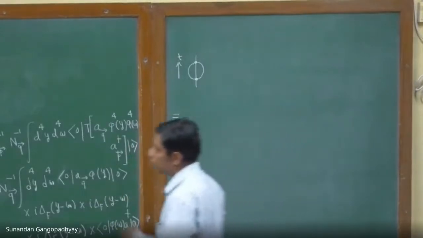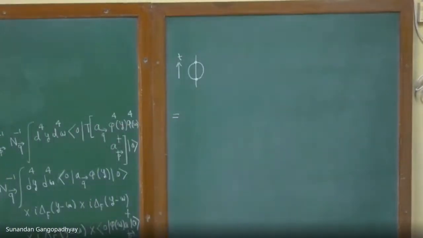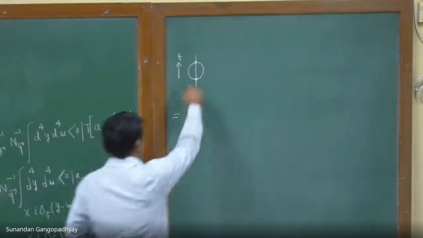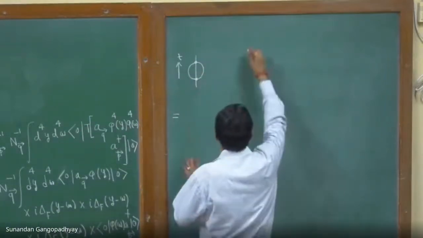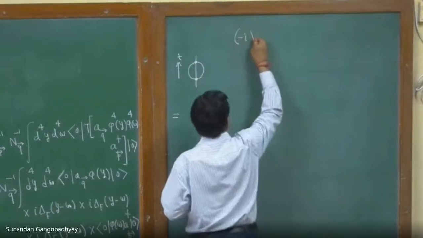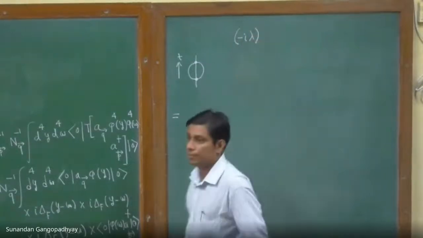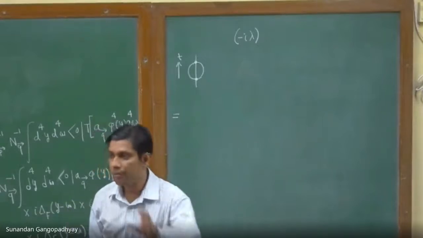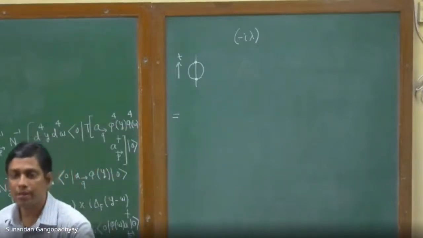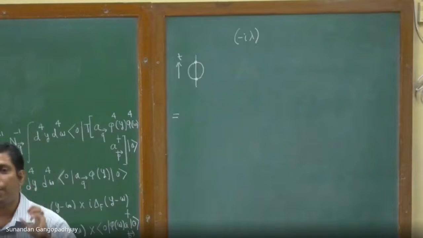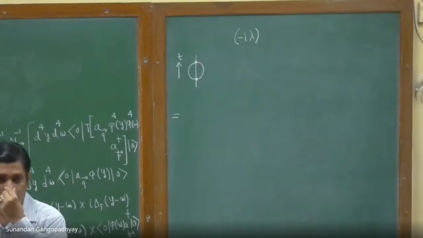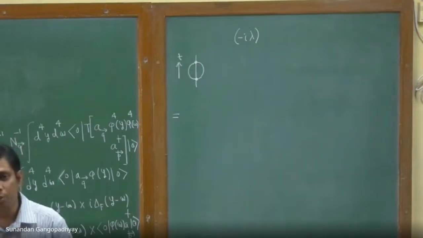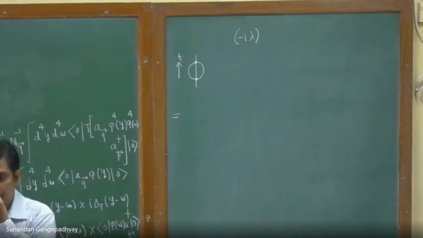What I told you there is that corresponding to each vertex, we will have a factor of minus i lambda. We have derived this rule that whenever you see a vertex, you just write down a factor of minus i lambda, and since this is a Feynman rule in position space, you have to integrate over the vertex.